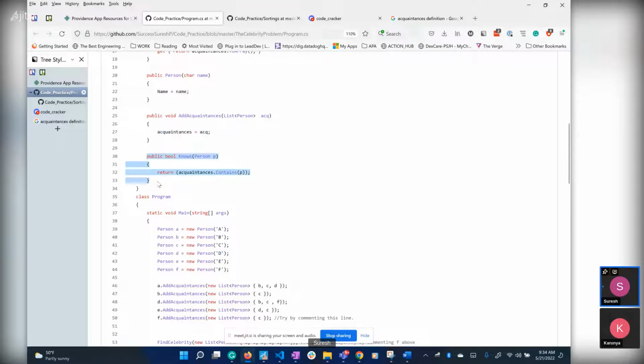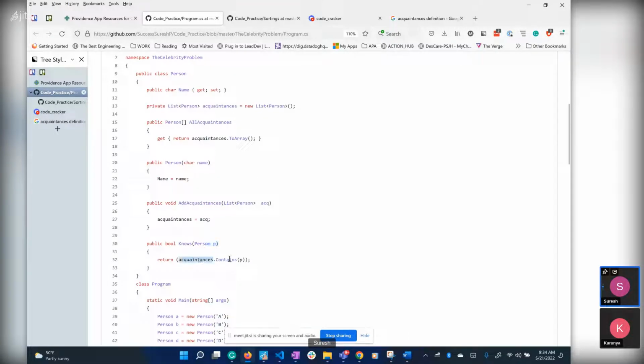This function returns a bool, true or false. This guy knows P means acquaintances contains P. If we say A knows B, that means B is part of the list.